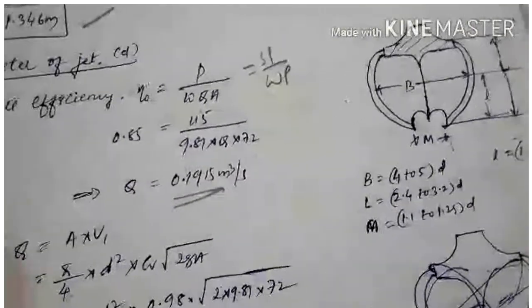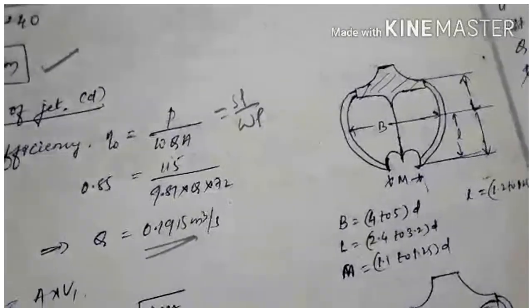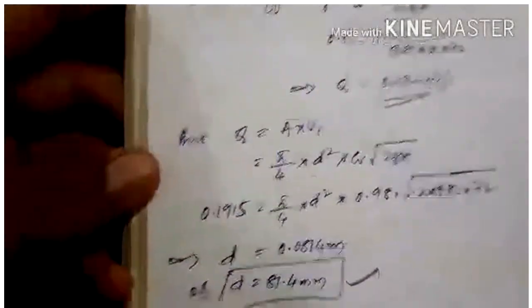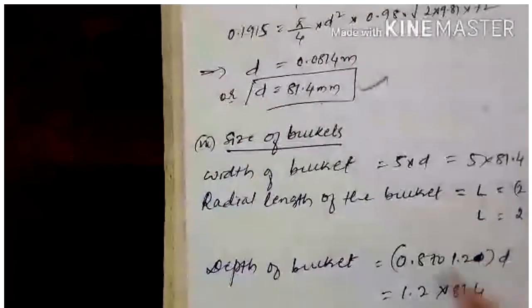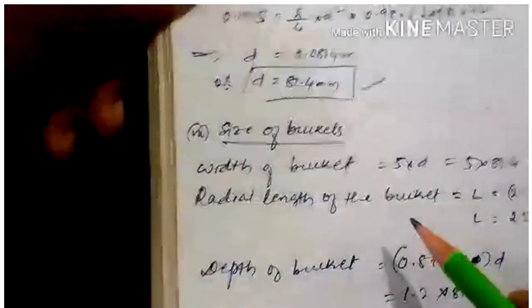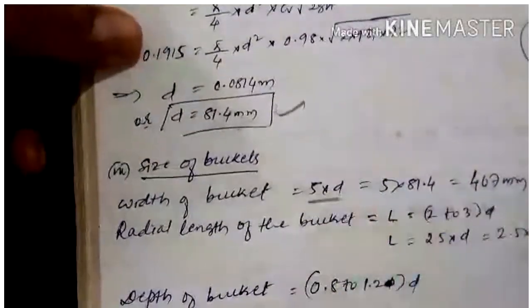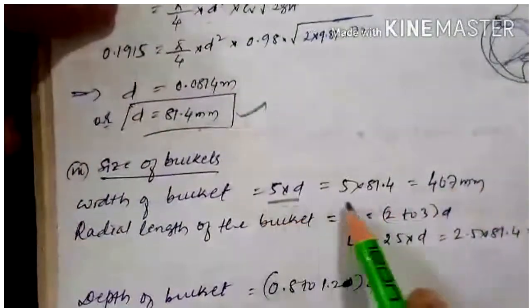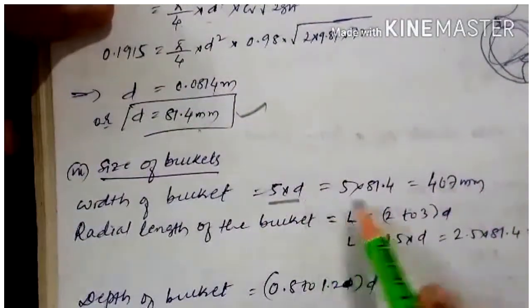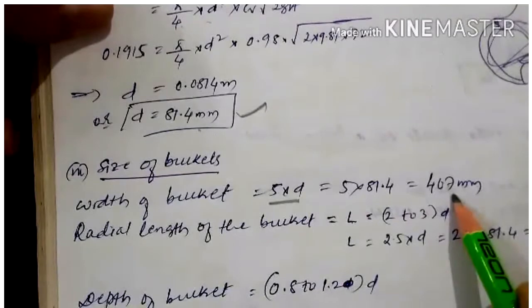And depth of the bucket can also be calculated, that is 1.2 times of d. Then calculate the size of the bucket. The size of the bucket will be generally taken 5 times of d. Then substitute the value of d here, that is diameter of jet, we get 407 millimeter.